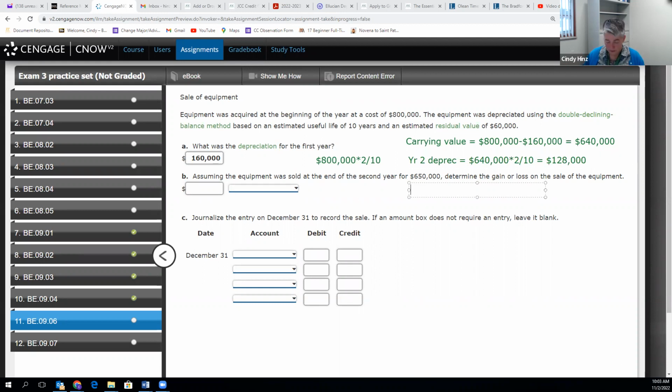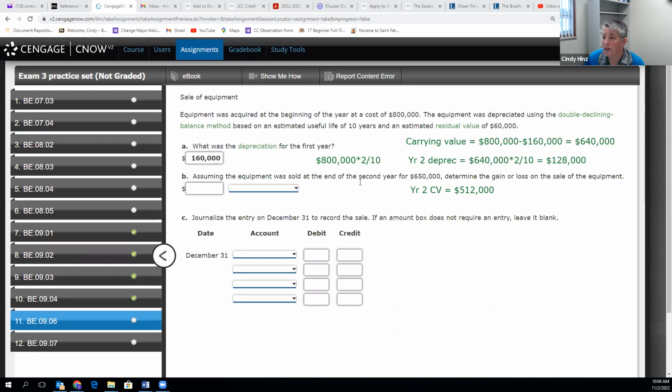And then I'll calculate our year 2 carrying value, or book value, which is another term for that. So we've subtracted another $128,000 from last year's carrying value. At the end of year 2, the carrying value is down to $512,000.